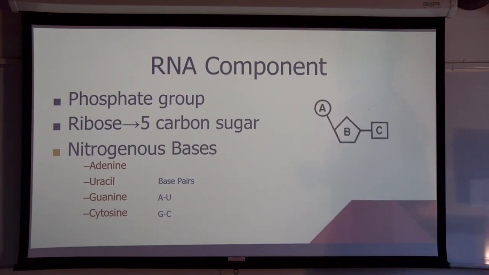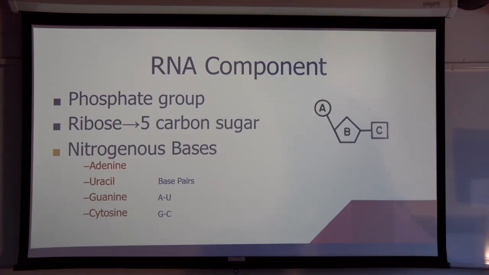So we have a change in the bases and we have a change in the sugar. We have the phosphate group represented here. Ribose instead of deoxyribose is found in the RNA. And we have the nitrogenous bases, which are here. Instead of thymine, you're going to find that we have uracil.